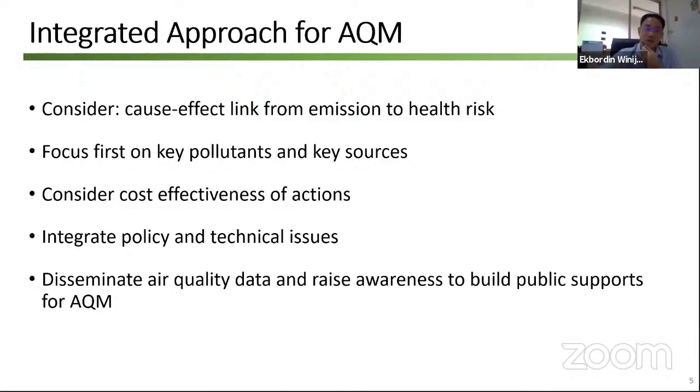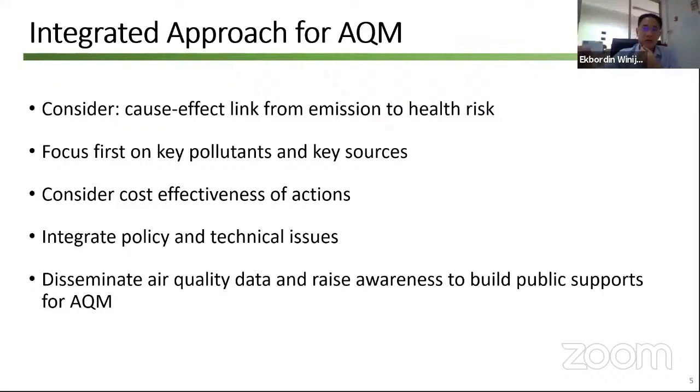For example, my research usually starts from the source of air pollution, then ends at the concentration in the atmosphere. And then another research group continues the study from the concentration in the atmosphere to the health risk of the people. So those things are usually not integrated together.